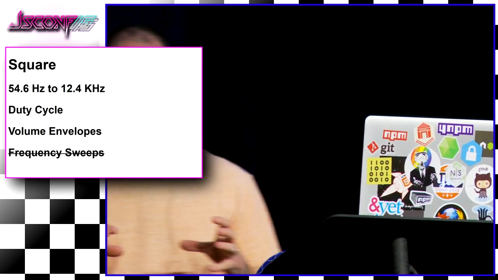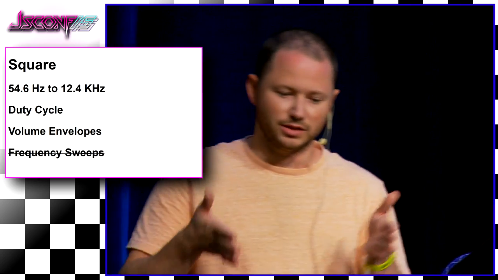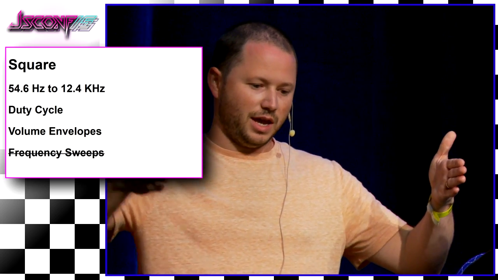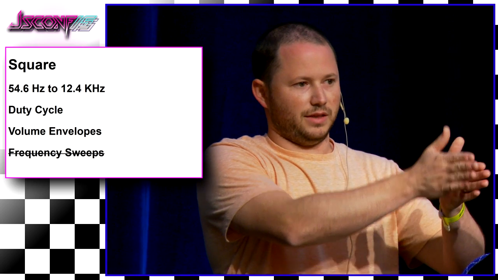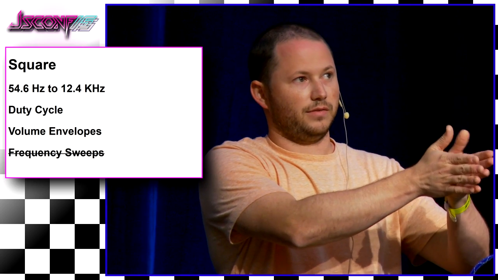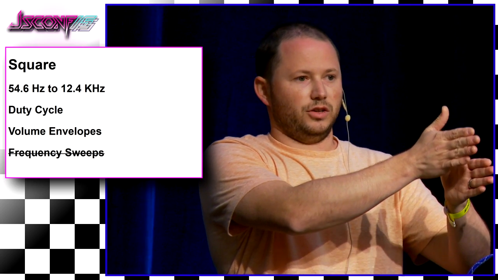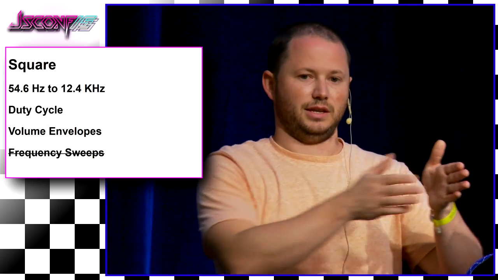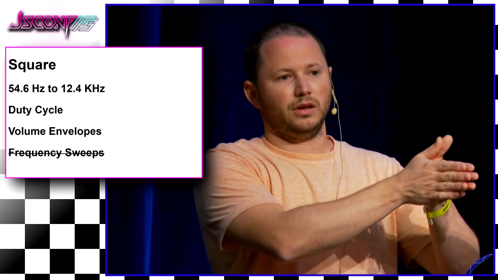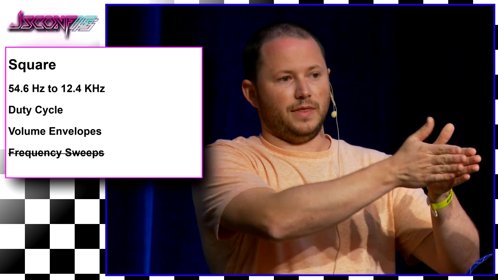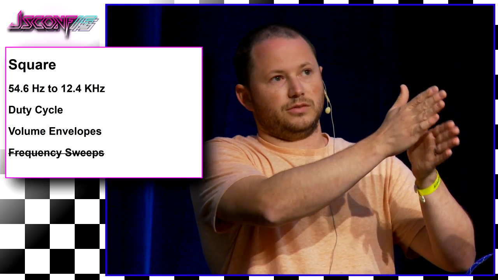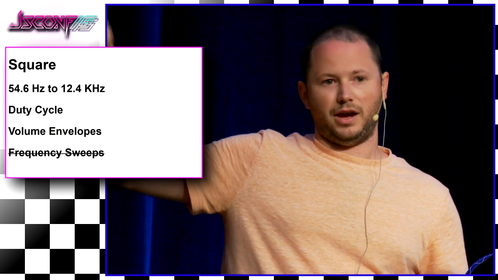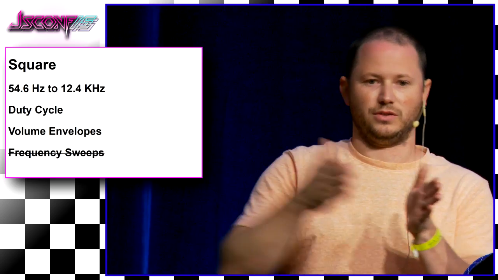Volume envelopes, if you're not familiar with them: imagine a note is broken out into a bunch of frames, and you can say on frame 1 of the note, make the volume 0, on a scale of 0 to say 10, 0 being off, 10 being the loudest. Then you gradually increase it, 1, 2, 5, 10, and then it's the loudest.